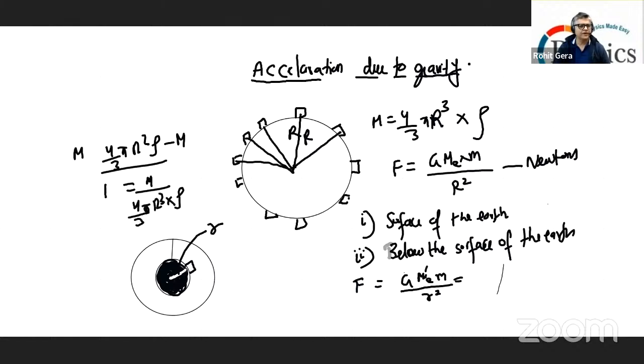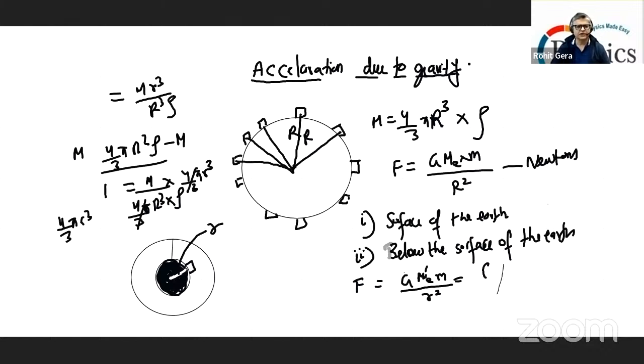And for 4 by 3 pi r cube volume, is equal to M r cube upon R cube rho. This is the mass you have to take in the formula.